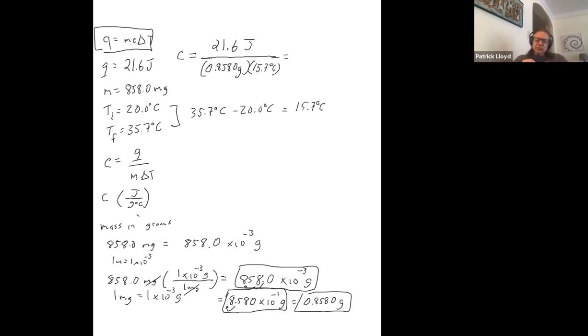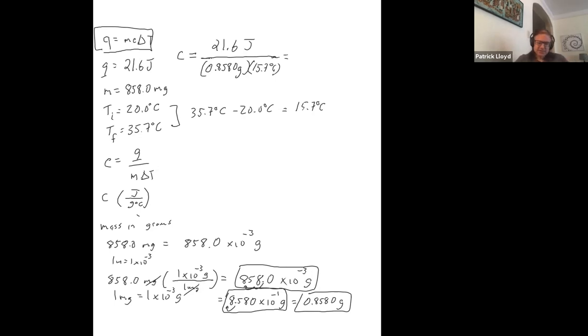So we have 21.6, just estimating it, 21 over 15 is a little more than 1. We're going to divide it by 0.8, which is a little bit less than 1, so it gets a little larger. So it's going to probably be still in the ones, maybe like 1.7, 1.8, something like that. Maybe even 1.6 or 1.5.